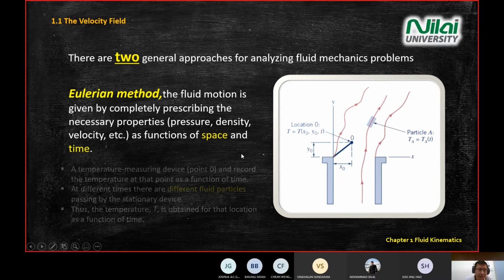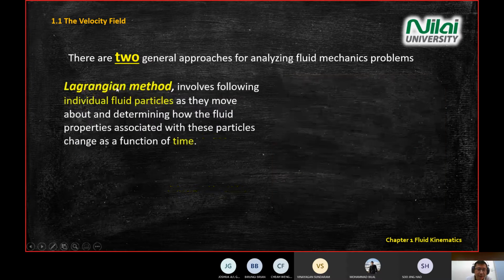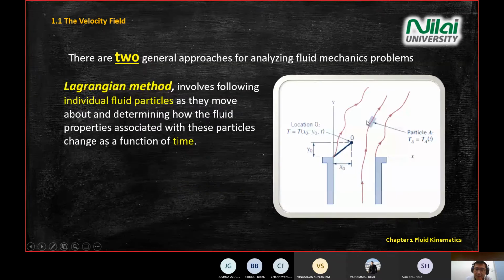However, for the other method, the Lagrangian method, look at the right-hand side. You see there's a highlighted cube there. This is one element. So the Lagrangian method follows this particle moving along with time. You follow it maybe from the bottom until this particle stops.